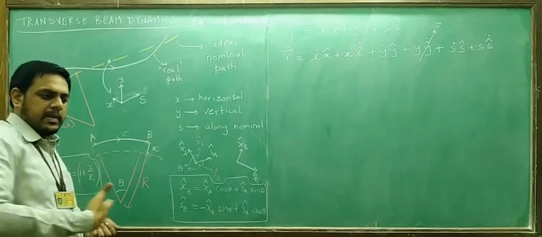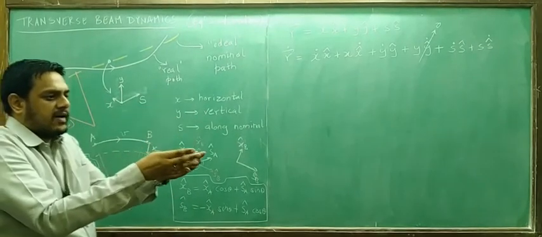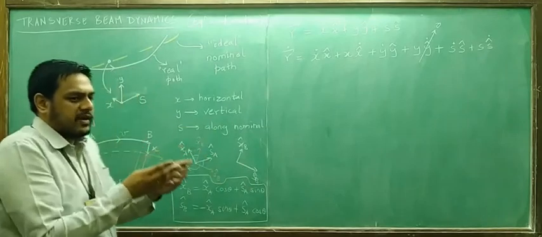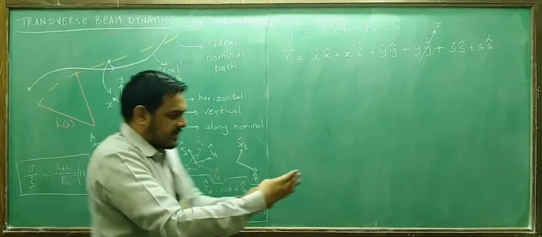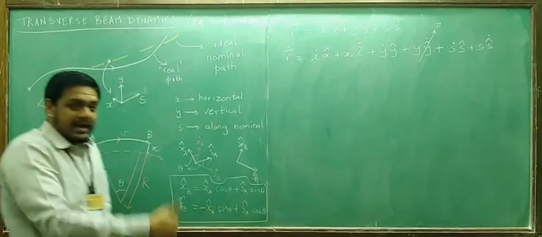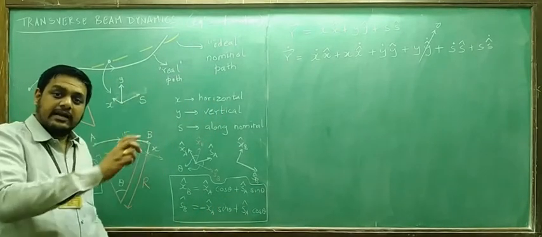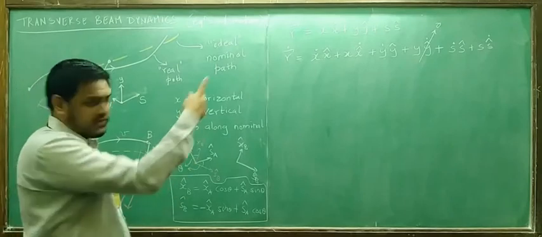So when the beam bends, s hat was originally one way, and after bending, s hat is that way. And x hat was originally this way, after some time it is this way. Y hat is always in this direction, that doesn't change. Okay. That part is 0.